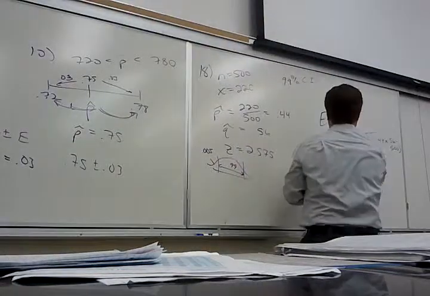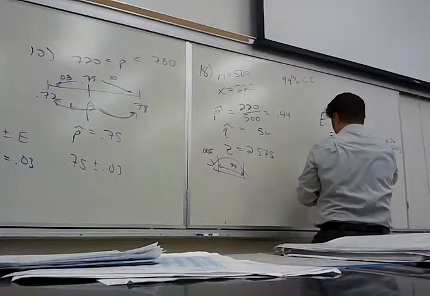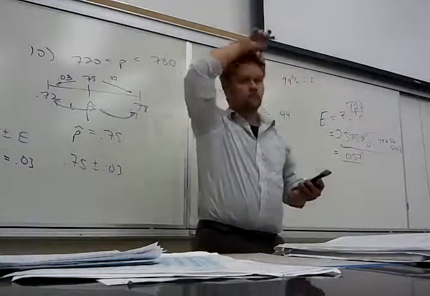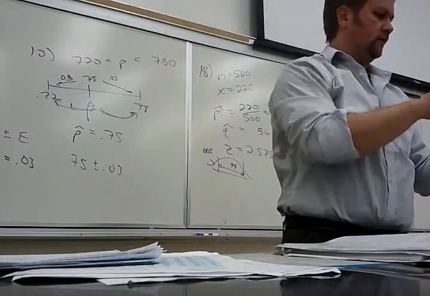Cool. Well, 0.572, we can round it to there. Three places for p hat, q hat stuff. That's fine.